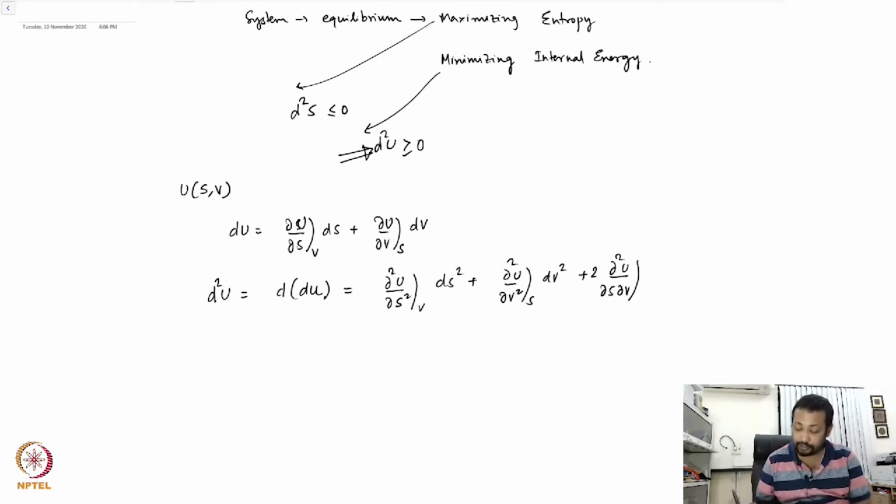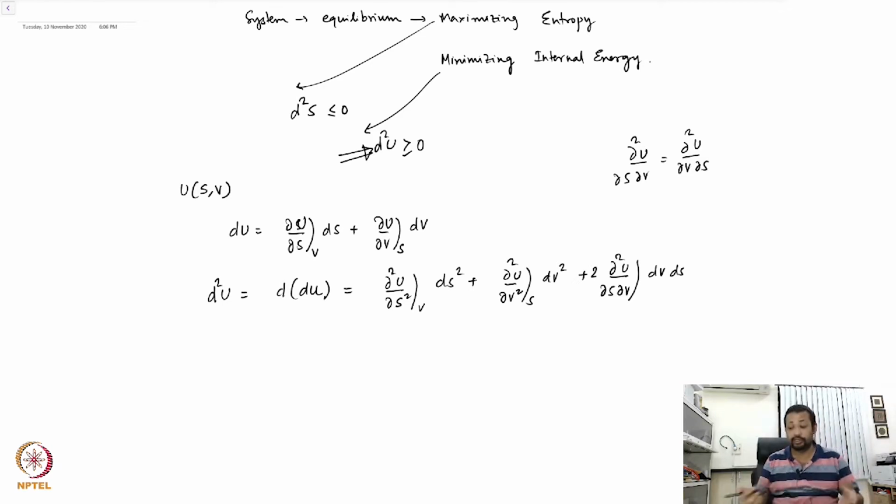The 2 factor comes in because we have said that the mixed derivatives are equal, which means that del 2U/del S del V is equal to del 2U/del V del S, and that follows because U is a state function.